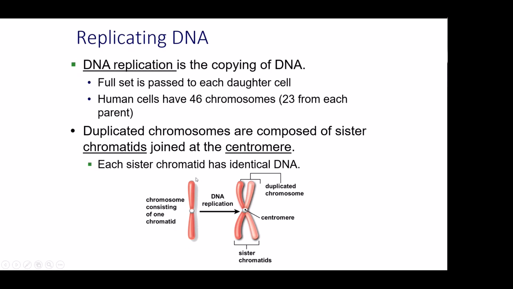This one we'll see is a single chromatid, and it goes through DNA replication, creating two that are identical to each other, so that when you divide the cell, you will divide this chromosome in half, so both of the daughter cells, both of the resulting cells, will have the same exact genetic information. The chromosomes are composed of sister chromatids and a centromere, and the two sister chromatids are identical to each other.